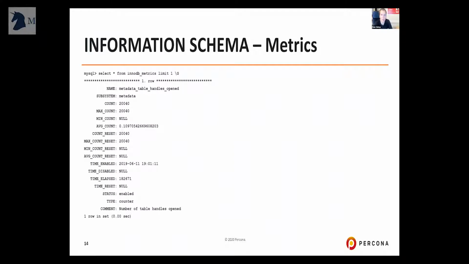We also have a table called INNODB_METRICS in information schema, which has similar functionality and similar behavior compared to SHOW STATUS, but it's kind of more powerful. You can see, in addition to maintaining the counter, it contains the average value, the minimum and maximum value, and so on and so forth. And also you can use this table to enable and disable certain counters. So it's kind of more complicated, more advanced.